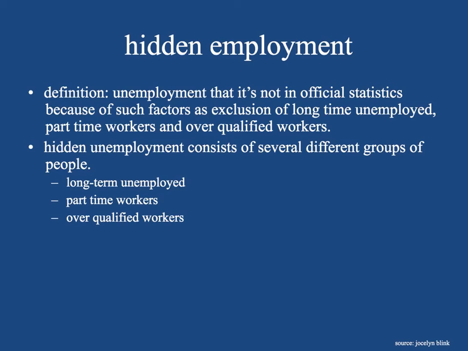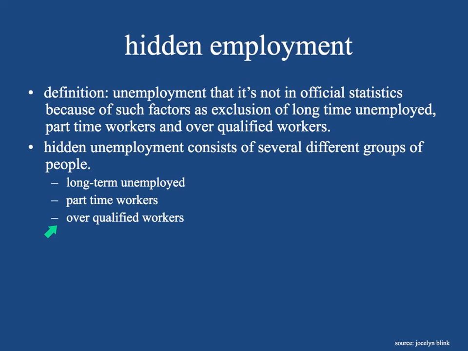Okay. Then the other thing, and this is really interesting to people, and this actually happened to my dad, overqualified workers. Another group of people hidden from official unemployment figures are people who are working in jobs for which they're greatly overqualified.